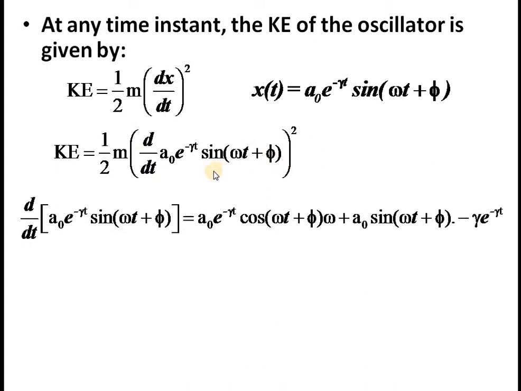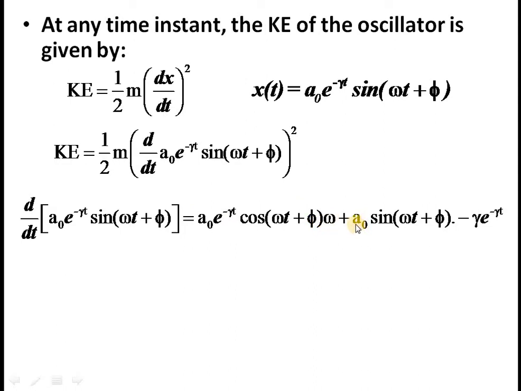When you differentiate this, d by dt of a0 exponential minus gamma t sine omega t, it has two functions. One is e raised to minus gamma t, one is sine omega t. You can apply the product rule here, d by dt of u into v. Keeping e raised to minus gamma t constant, differentiate sine omega t, so you have cos omega t into omega.